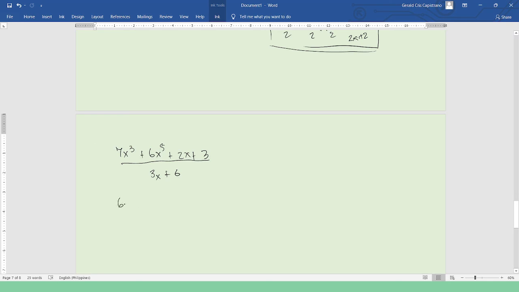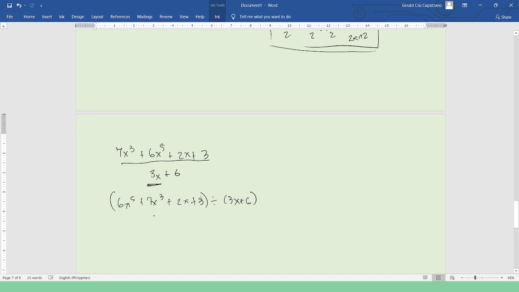So, we'll have here x raised to 5 plus 7x cubed plus 2x plus 3. Ayan, sunod-sunod na siya. Sulat natin siya sa form na pwede nating i-edit kasi pansin nyo, hindi na 1 yung nandun sa x natin. So, I will have here divided by 3x plus 6.